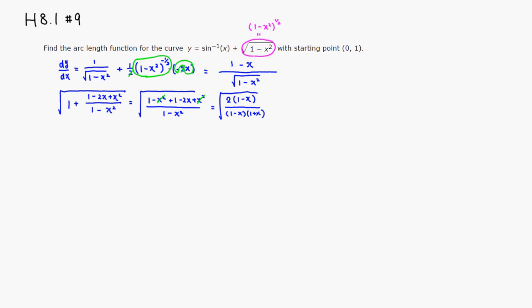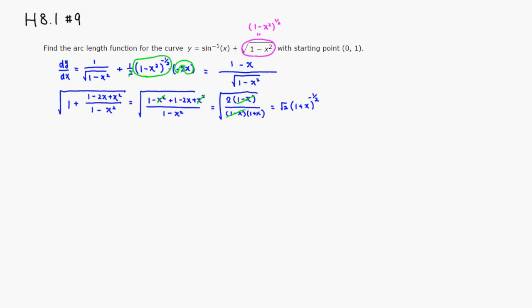So we can cancel 1 minus x here and 1 minus x there. So you have a square root of 2, which I'm going to put out here, over the square root of 1 plus x. I'm going to write it as 1 plus x to the negative 1/2 power, since it's on the bottom and the square root is a 1/2 power.